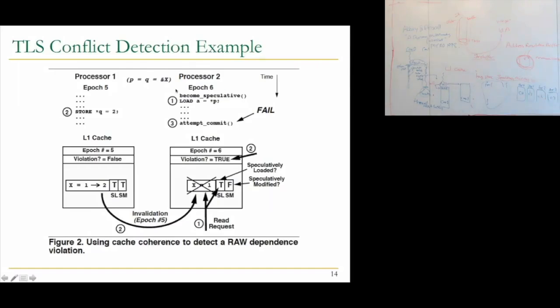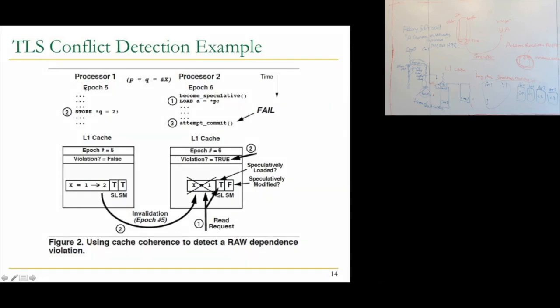Basically, when this processor does the load, this speculatively loaded bit is set to 1, and this processor continues executing with the value of the load. It gets the value of the load, but it's speculative. It may not be the correct value.